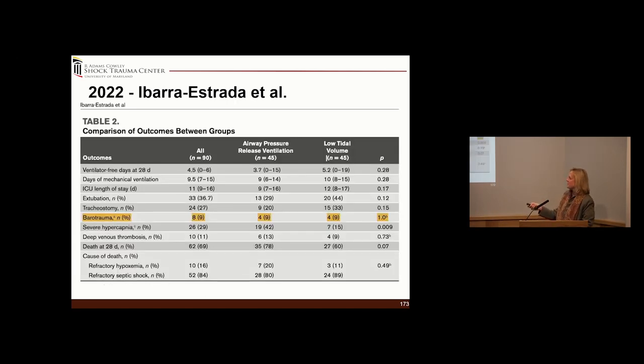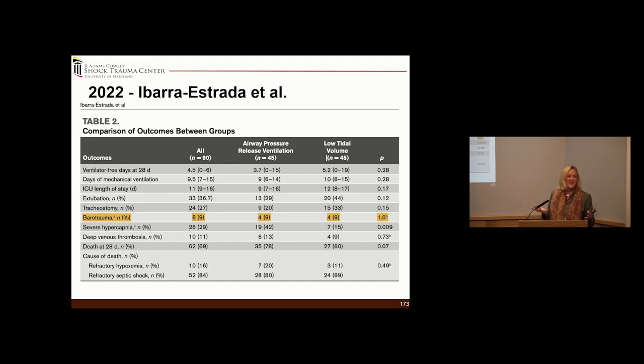And this is perhaps the most interesting part. Although the study was stopped for barotrauma, here's the difference in barotrauma rates: there was a total of 8, 4 in each group. They said it happened in a different time frame. Again, I'm only guessing, but maybe the study was going on for 6 months and there was a pneumothorax here, a pneumothorax here, in the tidal volume group, and then all of a sudden 4 in a week in APRV, which we know happens, right?